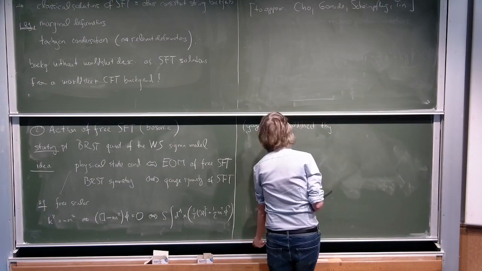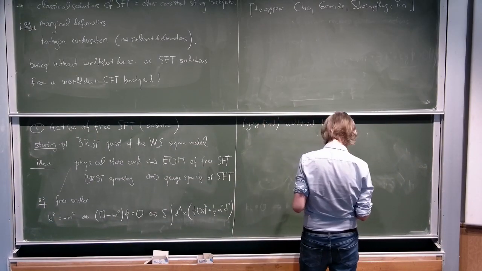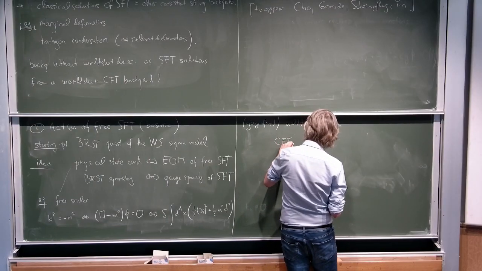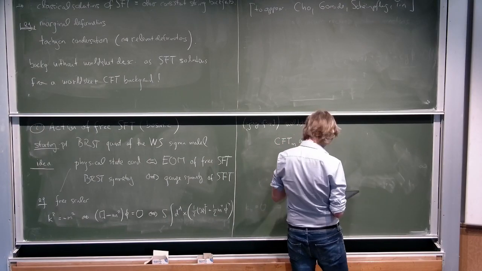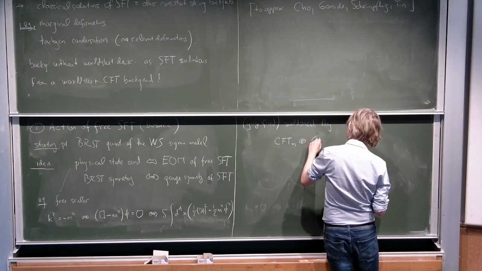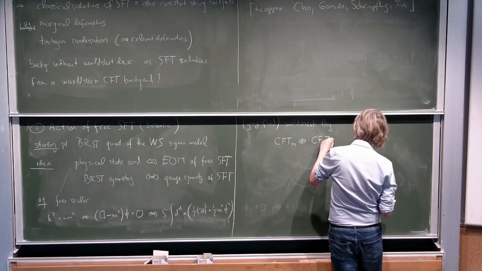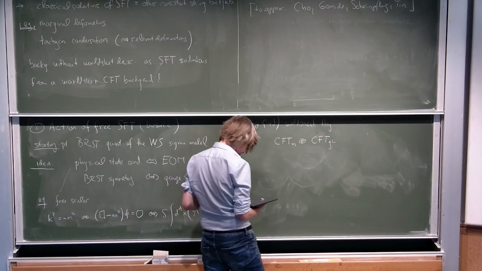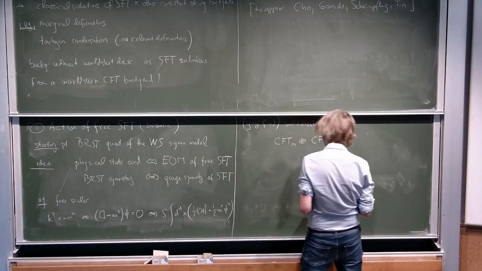And this gauge fixed worldsheet theory is just a CFT of the matter sector and a CFT of the corresponding ghost system, which we introduced in order to fix this reparameterization symmetry.